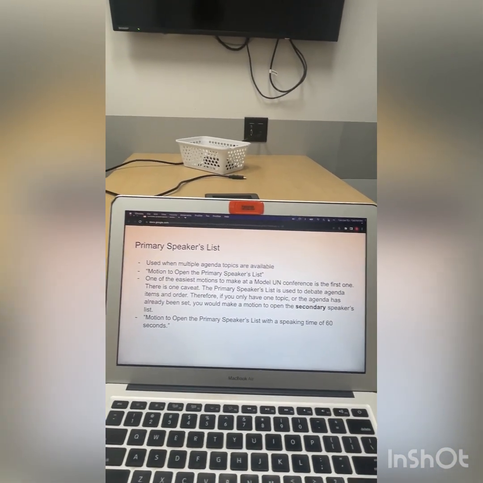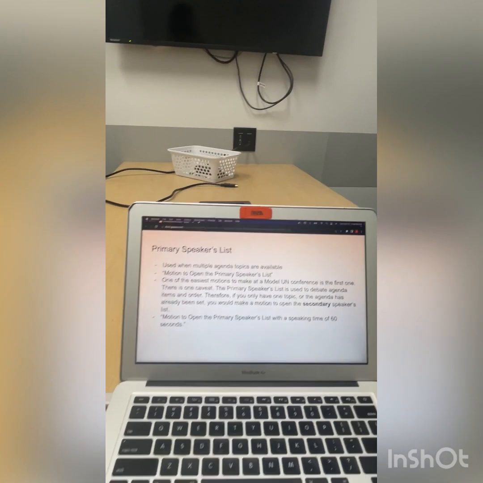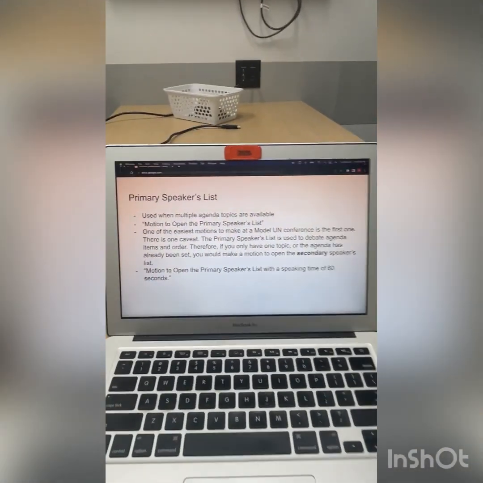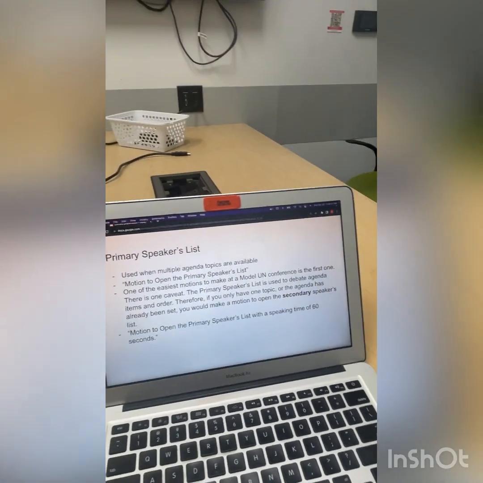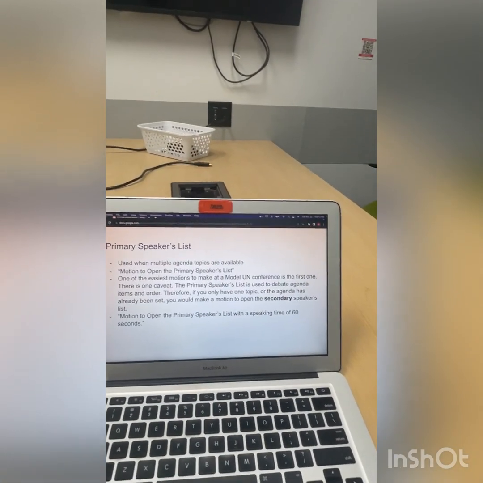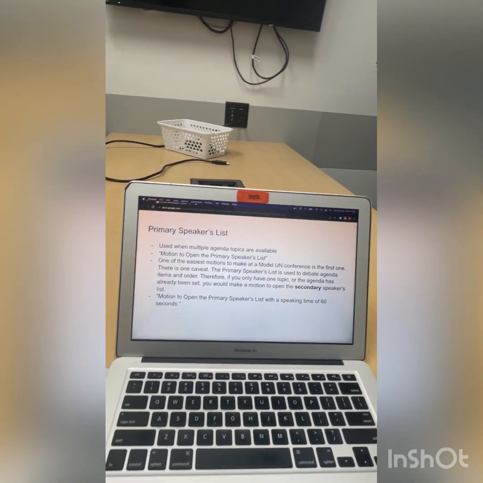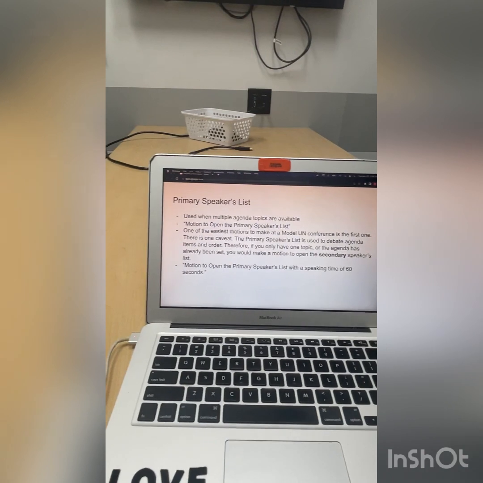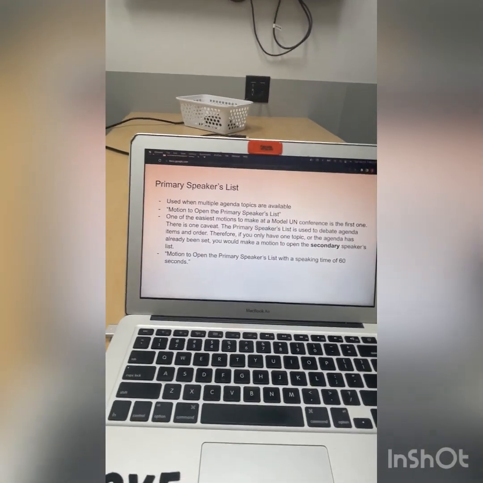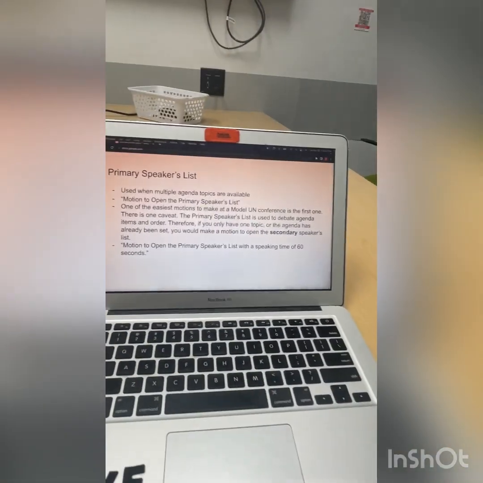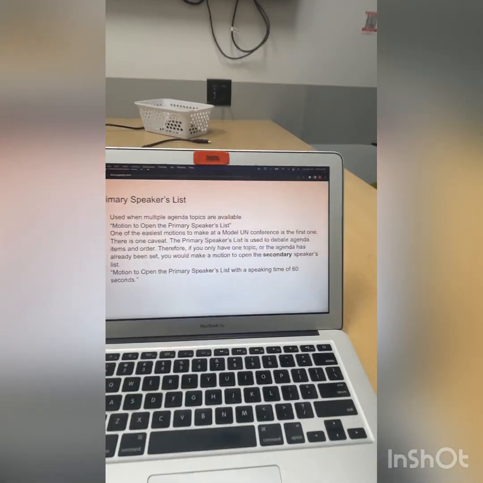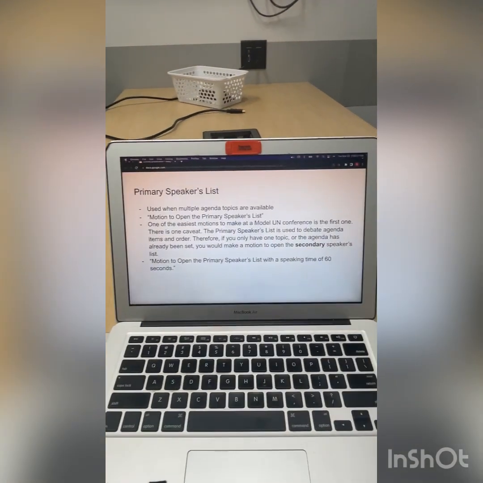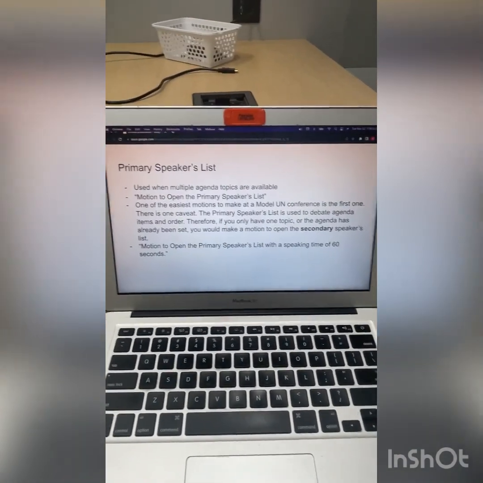Sometimes in debates with multiple agenda topics, you don't really get through any, because people are debating, arguing back and forth, even though they technically cannot, since it's moderated through speaking times. It is still a long process and takes up a lot of time. That's why most Model UNs you might go to may only have one agenda topic anyway, and so you wouldn't really need the primary speakers list.